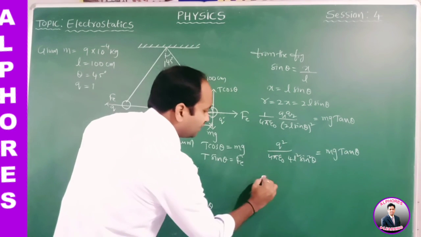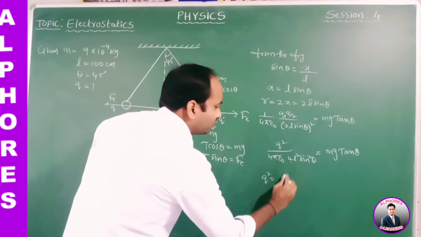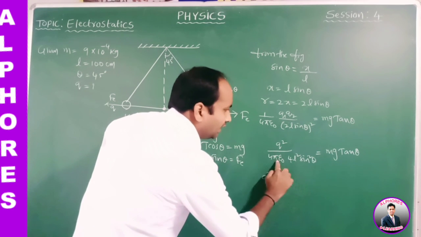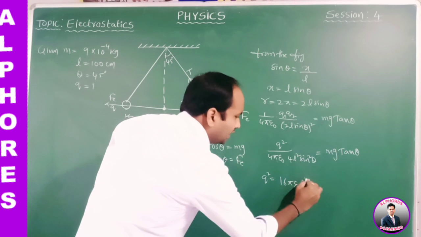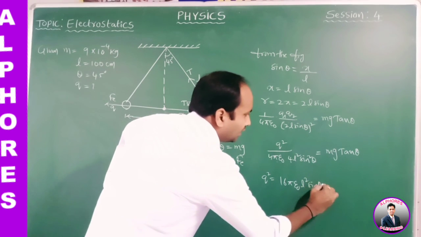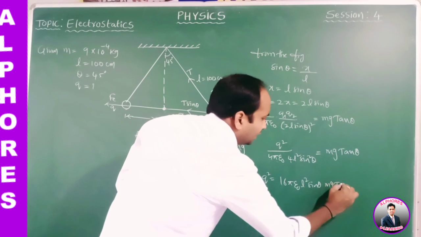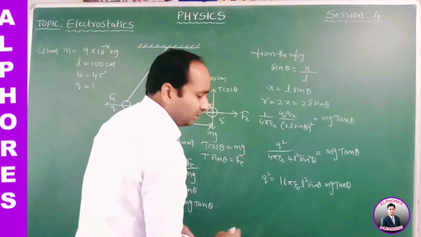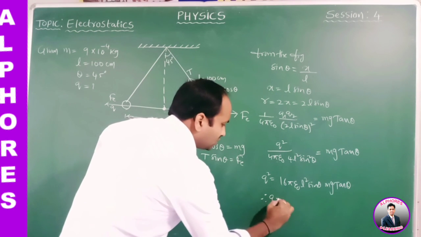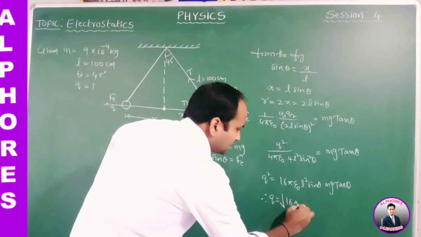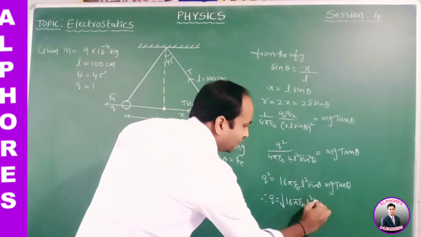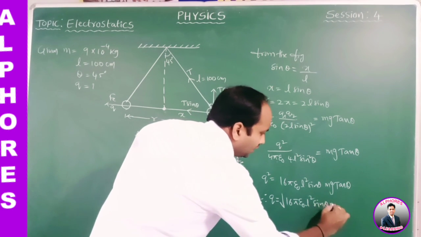From this equation we may write q square is equal to 4 into 4, 16 pi epsilon naught L square sin square theta mg tan theta. Therefore q is equal to the square root of 16 pi epsilon naught L square sin square theta mg tan theta.